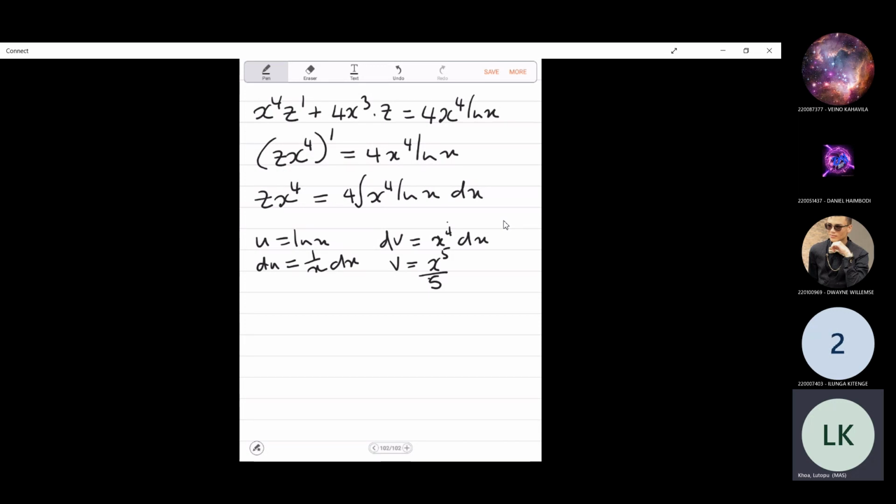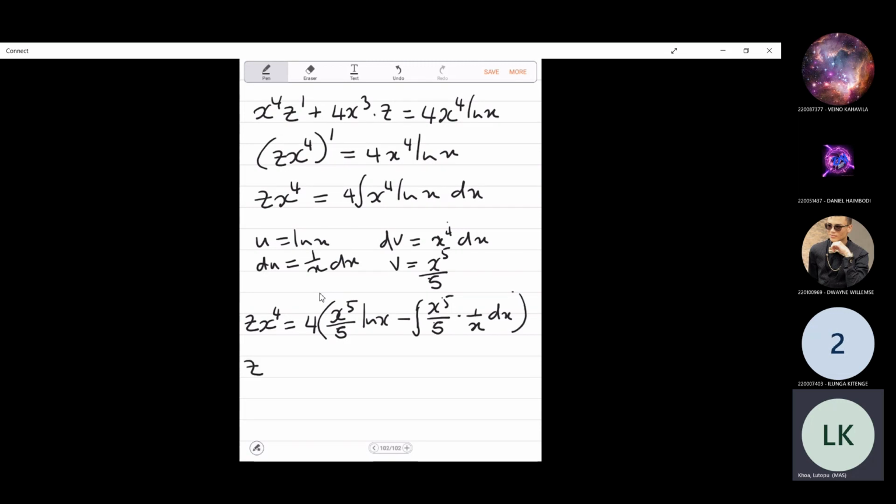So we have z x to the power of 4. This is 4 multiplied by u times v. So this is x to the power of 5 over 5 ln of x, and then we minus the integral of v times du. So it's x to the power of 5 over 5 multiplied by 1 over x dx.